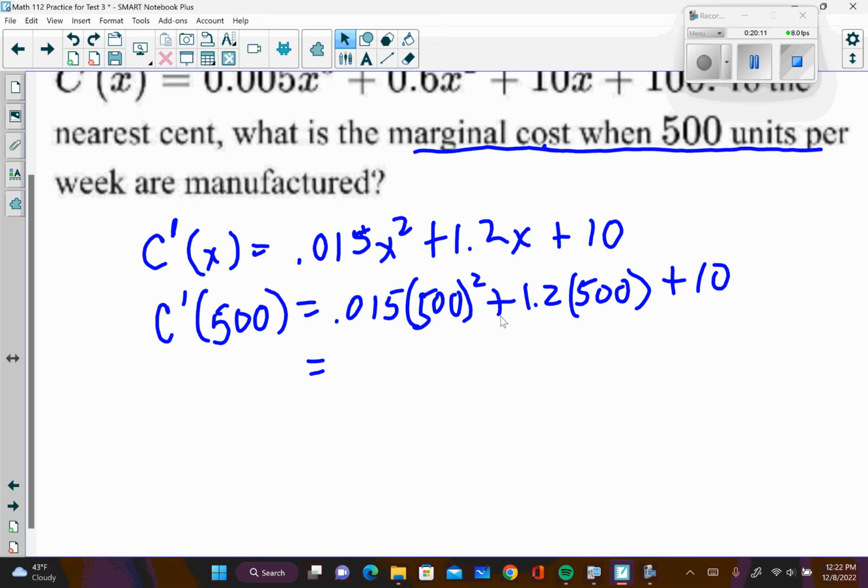And you can do that all on your calculator, but I'll do it a little piece at a time, just for fun. 500 squared is 250000, and 1.2 times 500 is 600. Don't forget the plus 10.